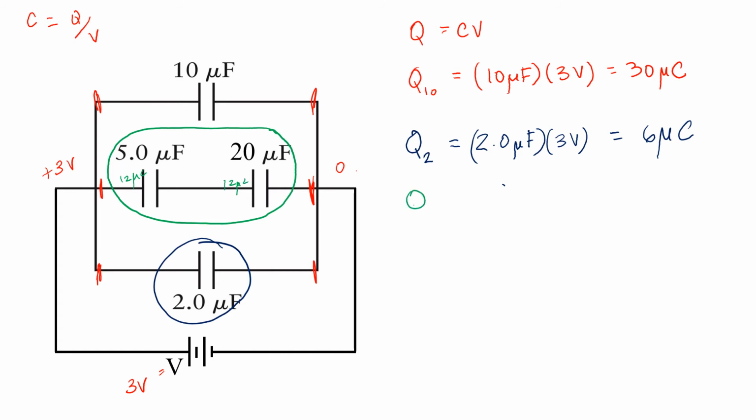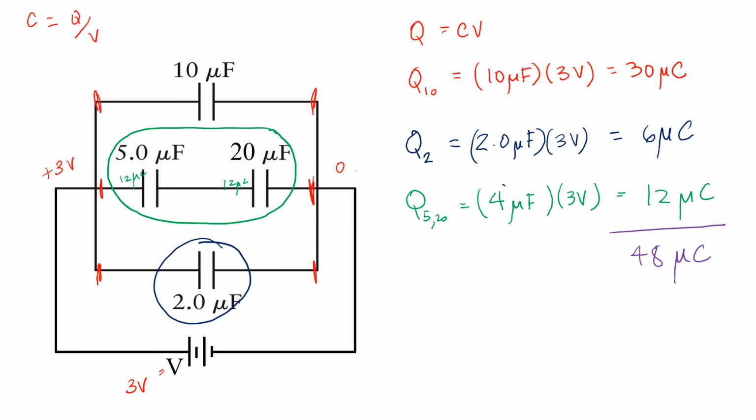If we look at the charge on the 5 and the 20, then we know that the equivalent capacitance of those two, we calculated on the last slide, was 4 microfarads at 3 volts. And sure enough, we get 12 microcoulombs. And when we add all that together, we get our total 48 microcoulombs.